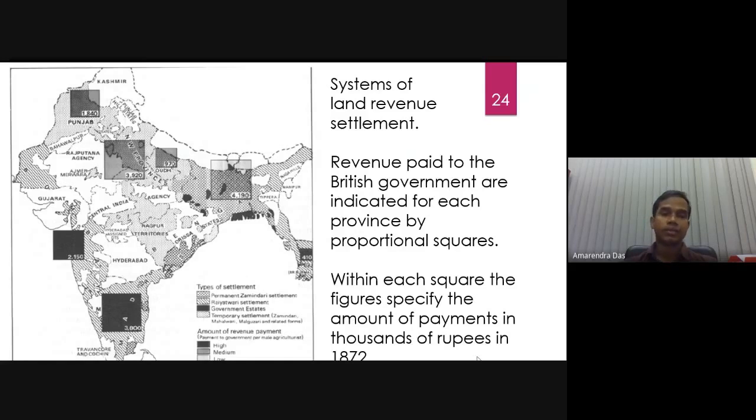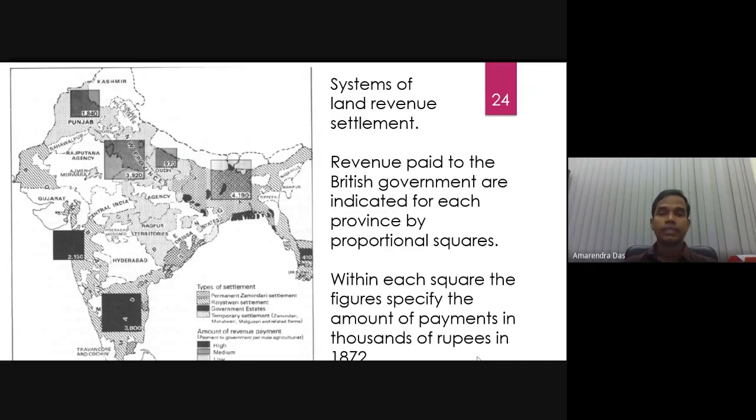And then the left to right sloped lines show the Raiyatwari system that existed in some part of the Madras presidency and Bombay presidency. We also see some part of the northwest provinces.